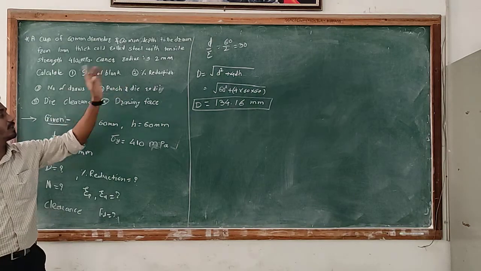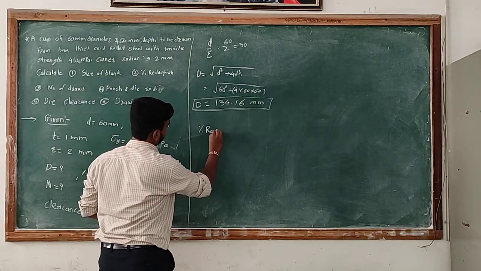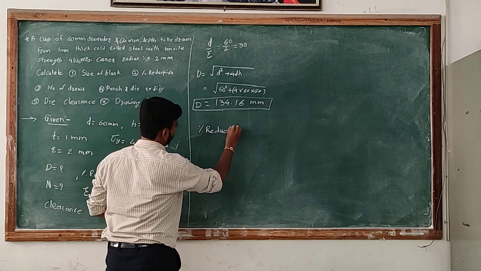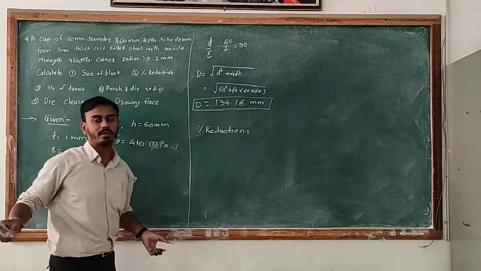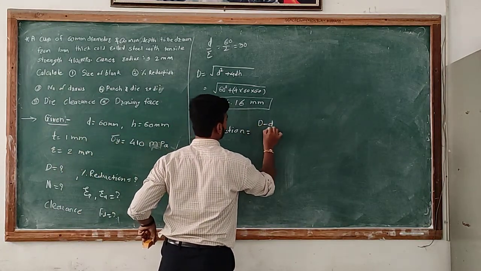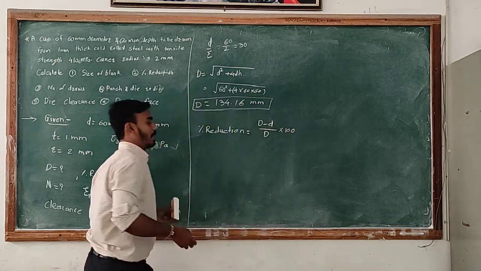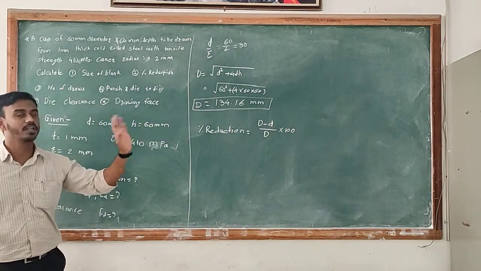Now they ask to calculate the percentage reduction. We have a formula for percentage reduction: capital D minus small d, divided by capital D, into 100.